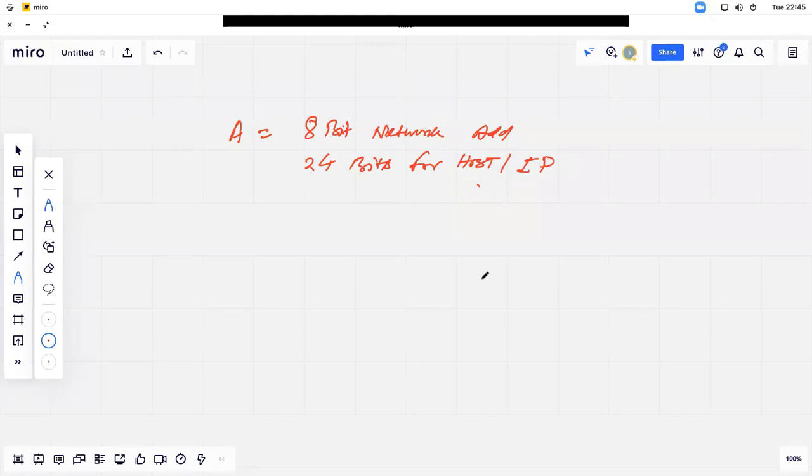If you need to calculate how many IP addresses you will get from A class, you have to calculate 2 raised to the power 24 minus 2. You will get about 16 million IP addresses in a single network.